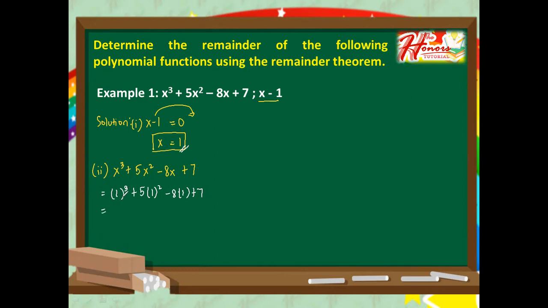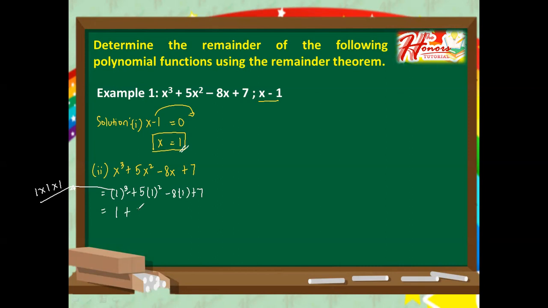1 cube, or 1 raised to 3, is equal to 1. Why? It is because 1 cube means 1 times 1 times 1. Your exponent is telling you how many times you are going to multiply the base by itself, and that is thrice. So 1 times 1 times 1 is 1.